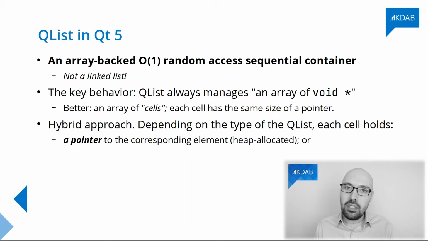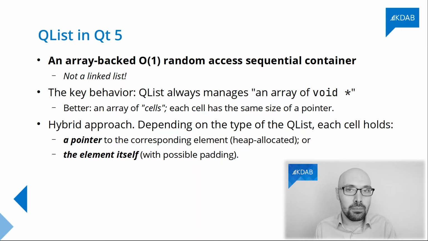In the first case, a QList can hold inside those cells pointers to the objects that you're storing inside the list, and these objects get individually heap allocated. So you're going to allocate a new object somewhere in memory, and the QList itself inside those cells is going to hold pointers to these objects.